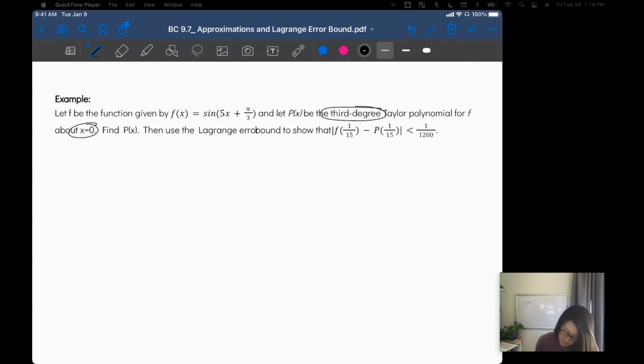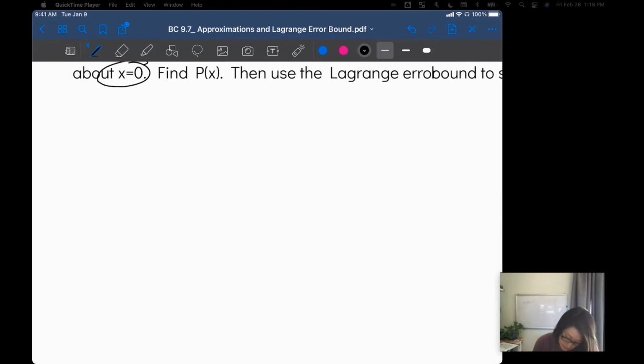And we're going to find p of x, then use the Lagrange error bound to show that the actual minus the estimate, or in other words, the error, is less than 1 over 1,200. All right, so we better expand this. I am just going to expand this: f of x is equal to the sine of 5x plus pi over 3. Because this seems easier to me.